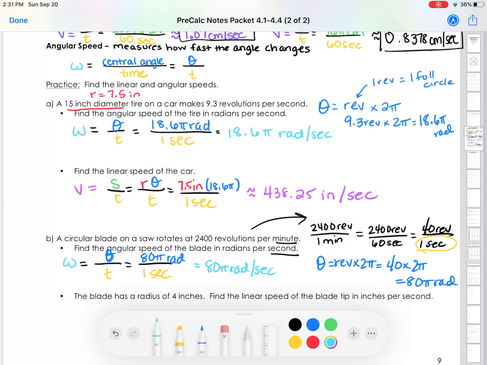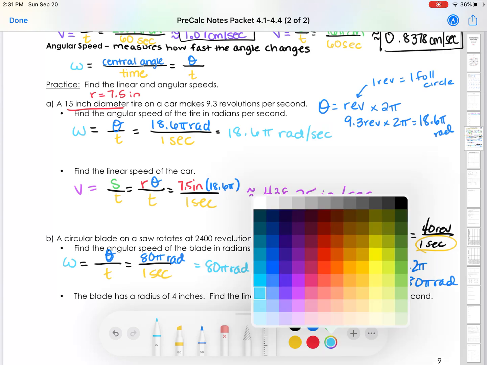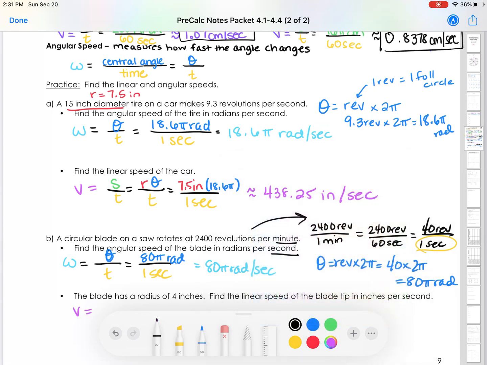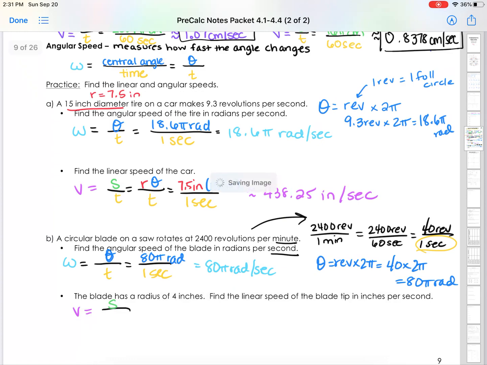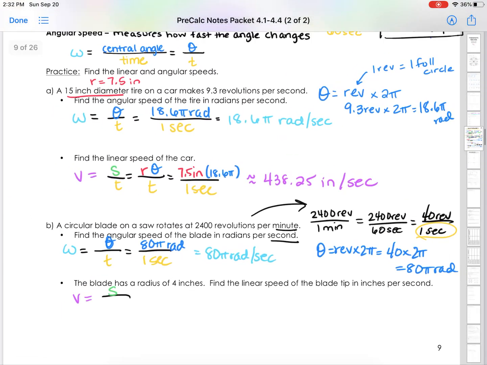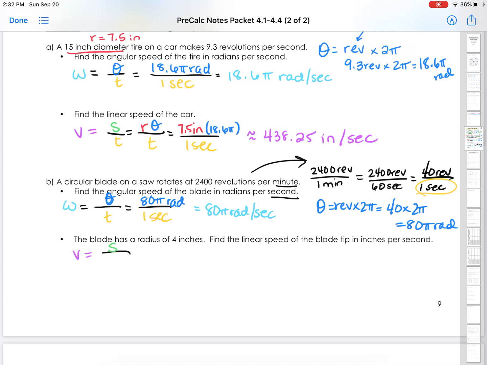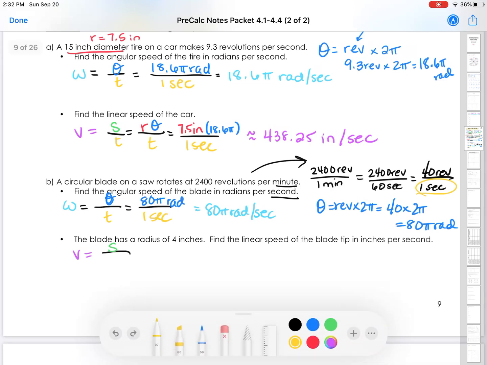And then lastly, our linear speed. Our linear speed, velocity V, is going to equal the arc length divided by time. Arc length is the radius times theta.